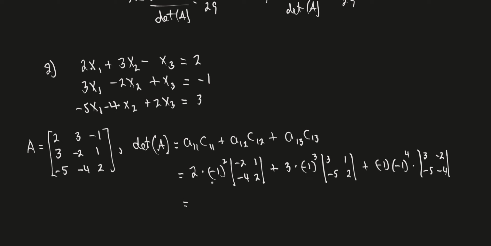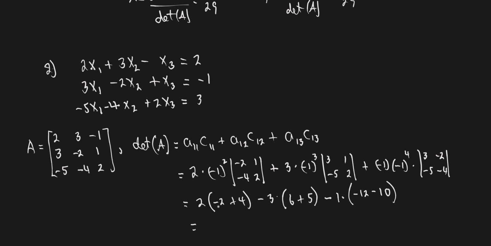All right, so let's see what we have here. We have 2 times, and then -2 plus 4, and then we have a -3 times 6 plus 5, and then this is also negative, right? So we have a -1 times, and then -12 minus 10, right?